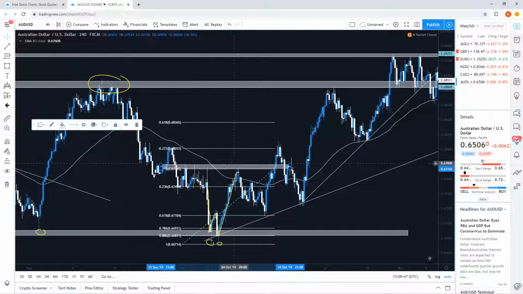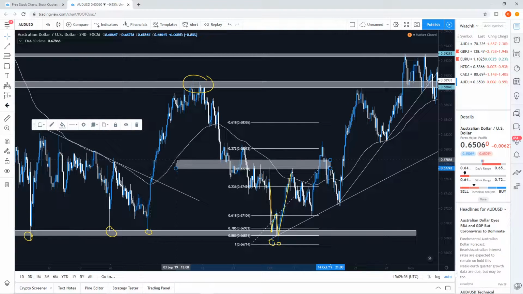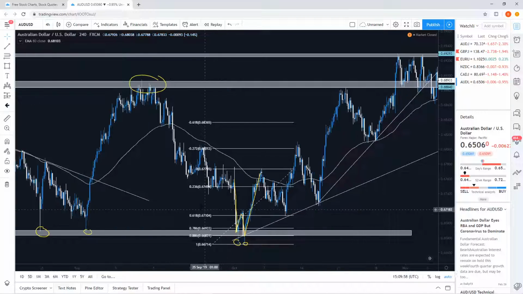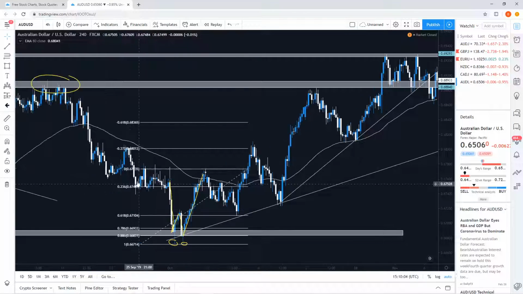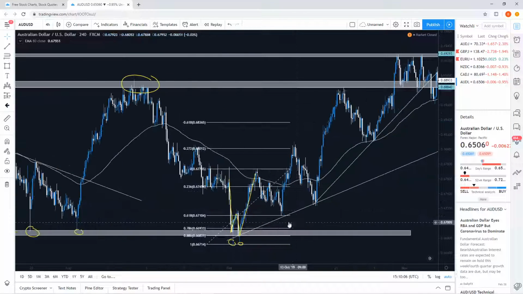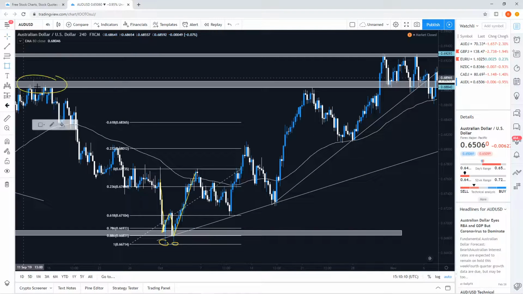We can see a previous area where we had about 3 wick rejections, and you can bring it all the way back here, and we had even more reaction with this level. So that was a good area for our pullback to occur. That's all we're doing. We're looking for a slowdown on market structure, and we're looking for a pullback back to our 618 level. And as you can see, our 618 level is perfectly touched.